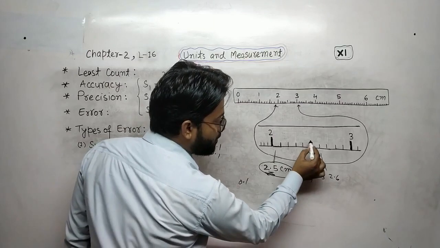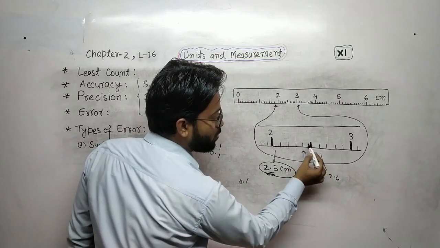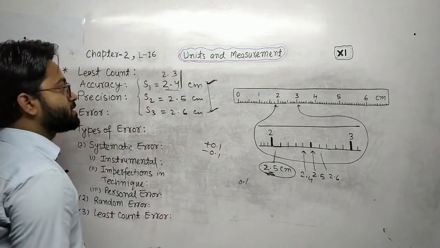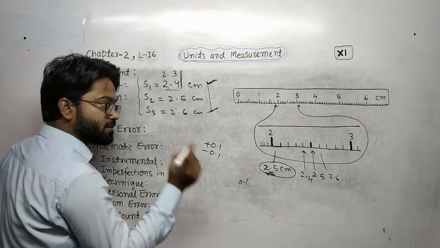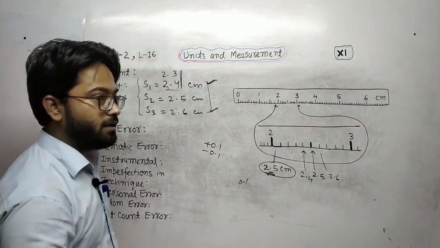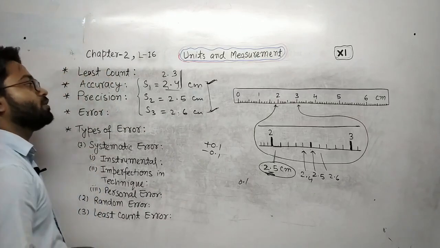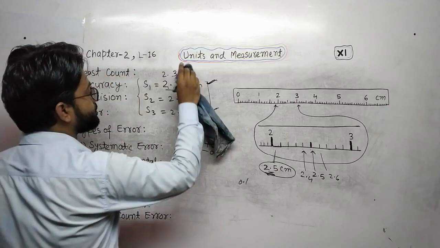From 2.5, 2.4 and 2.6 are equidistant, so we can say that 2.4 and 2.6 are equally accurate. Hope you are getting it. Let us talk about precision.